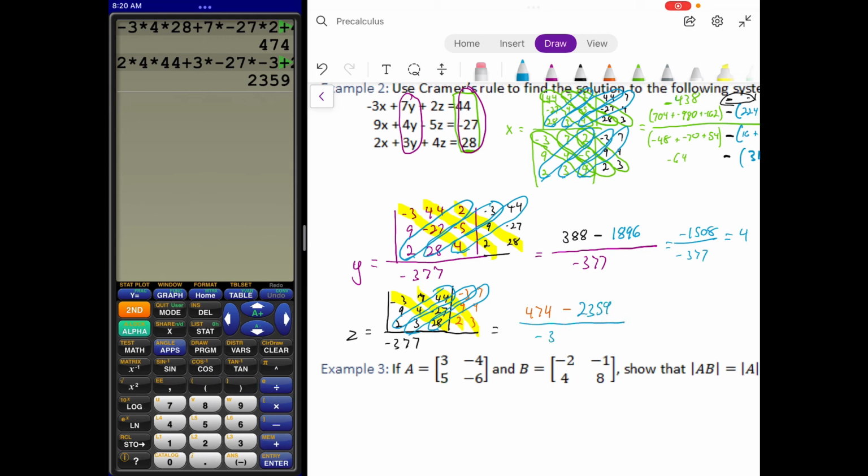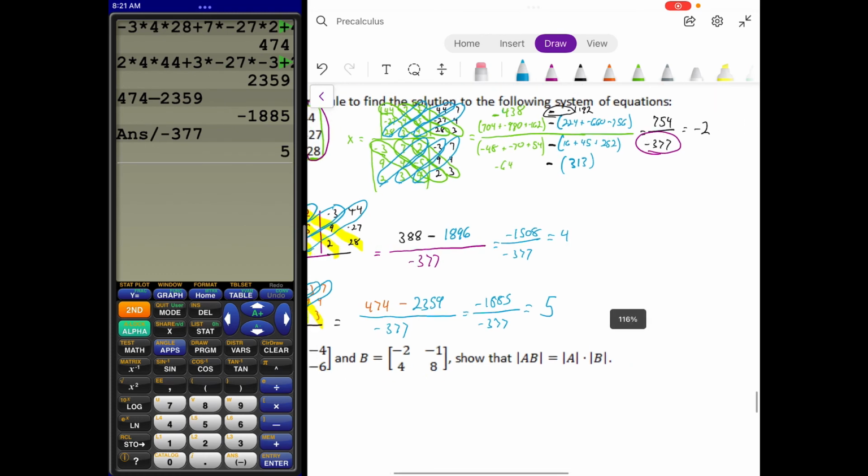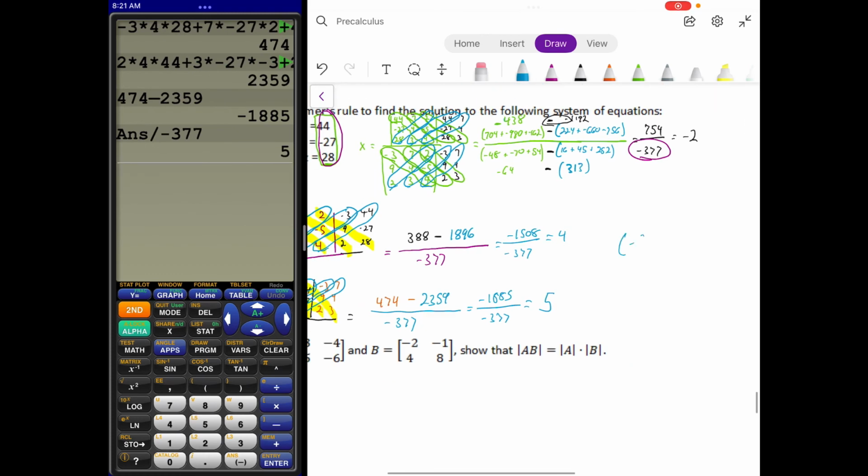So we have 474 minus 2,359. Divide that by negative 377, and we get 5. Wow, so after all of that, we have our answer is negative 2, 4, and 5.